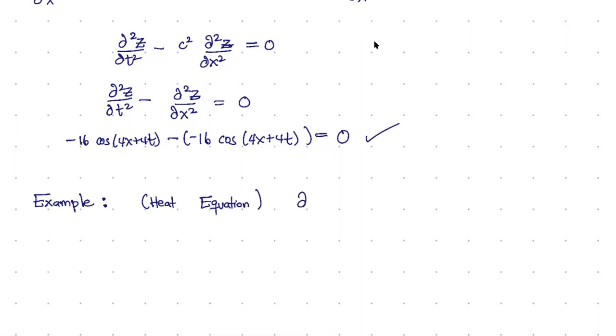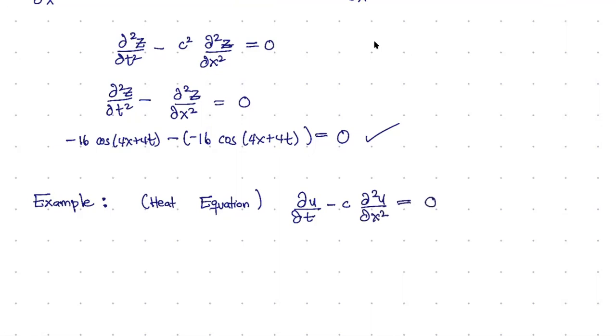This says that the first partial of u with respect to t minus some c times the second partial of u with respect to x is going to equal 0.